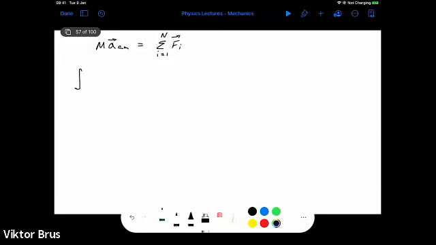So if we integrate M a of the center of mass over some dt, it will be equal to the integral of the sum of all forces dt.